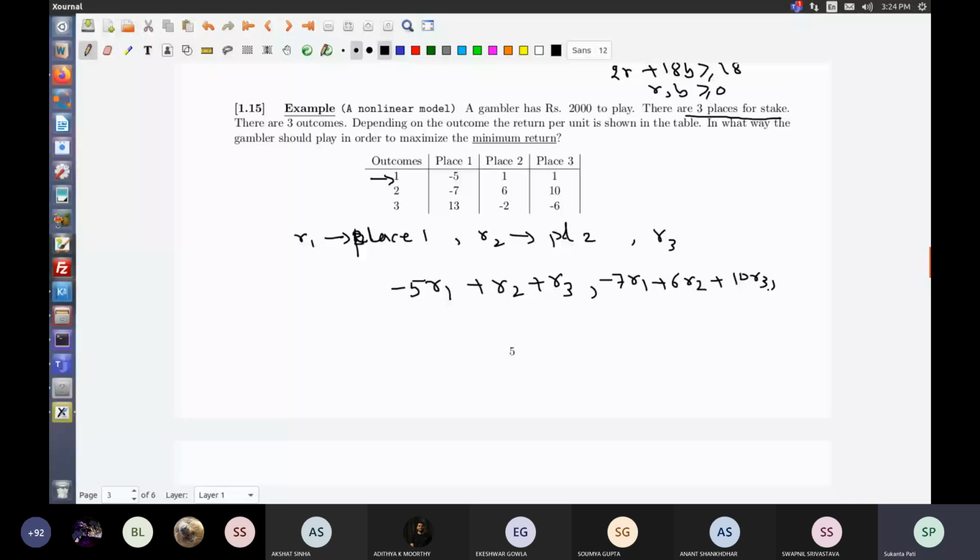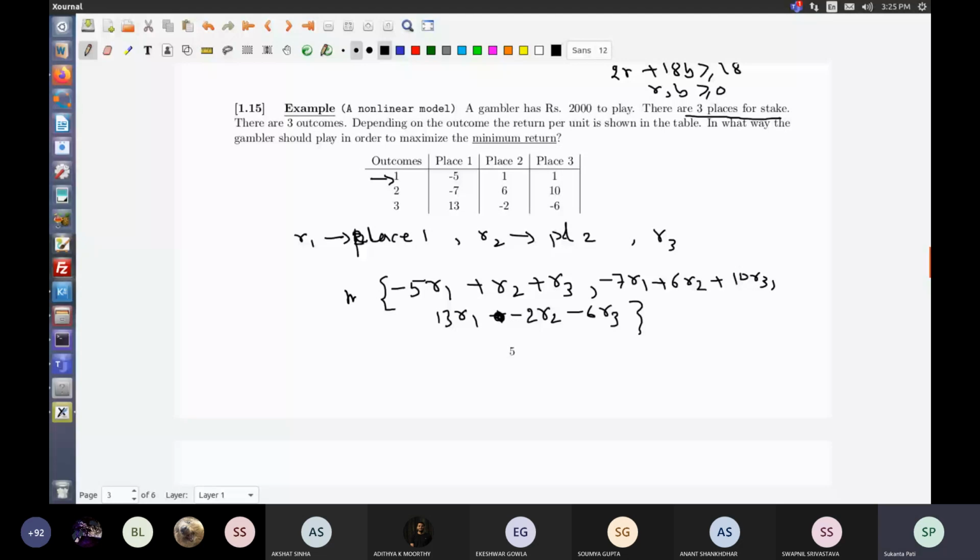And if the outcome is 3, then his return is 13 R1, minus 2 R2, minus 6 R3. So these are the returns in case of outcome 1, 2 and 3, and he is looking for the minimum return. So you will have to find the minimum of these 3. That is the minimum. So this is your f(x).